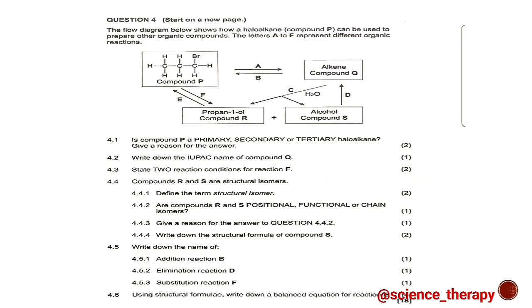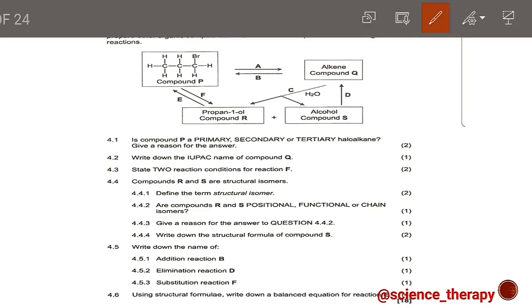Now 4.4.2 says, are compounds R and S positional, functional, or chain isomers? Now let's look at compound R. See, compound R is propan-1-ol. But for S, we have an alkene here reacting with H2O, water, to form an alcohol, right?